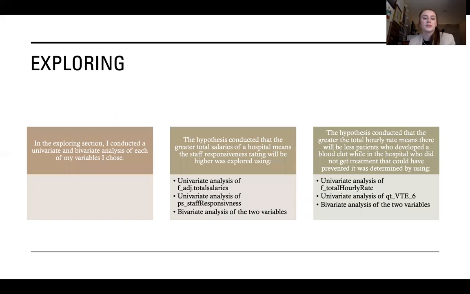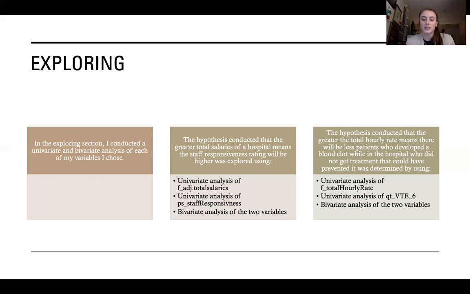So for the exploring section, I conducted both a univariate and bivariate analysis of each of the variables that I chose specifically for the hypotheses that I'm going to be talking about today. The first hypothesis, I conducted a univariate analysis of adjusted total salaries and a univariate analysis of staff responsiveness ratings and a bivariate analysis of those two variables.